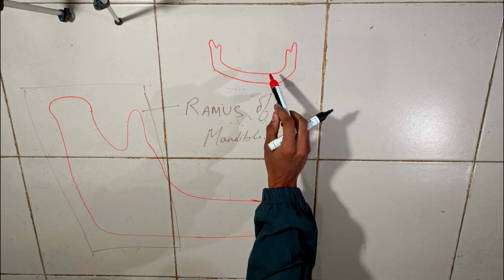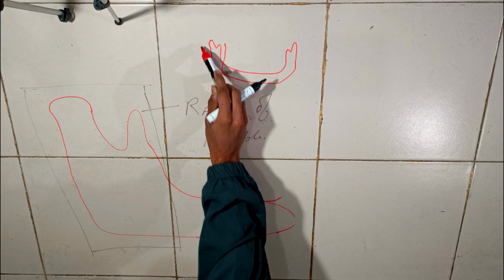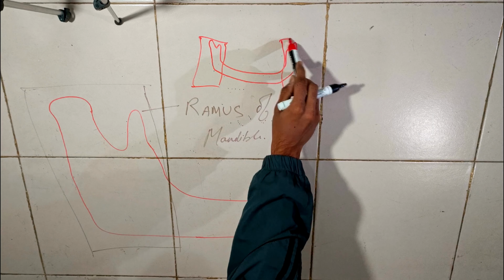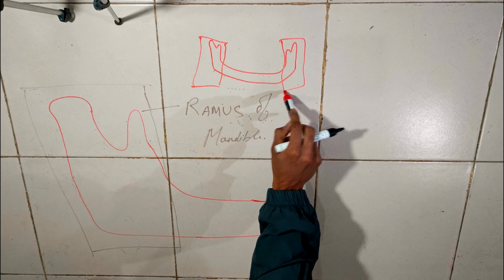And this is the ramus, this portion. This portion is the ramus. And this is called the body of mandible.